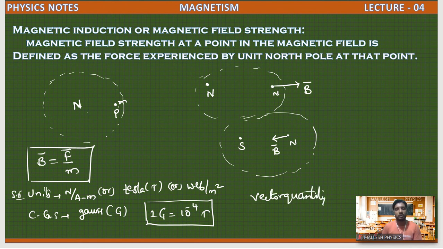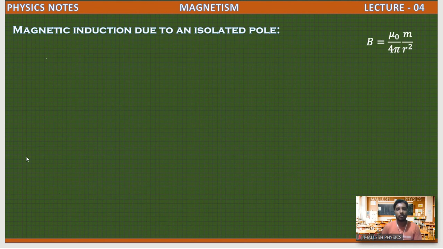Okay, so next we will see magnetic induction due to an isolated pole. Actually a monopole does not exist, but here we are assuming a monopole. Let us take this north pole or south pole; you take a north pole, it is having a field, this much field is there, for example.